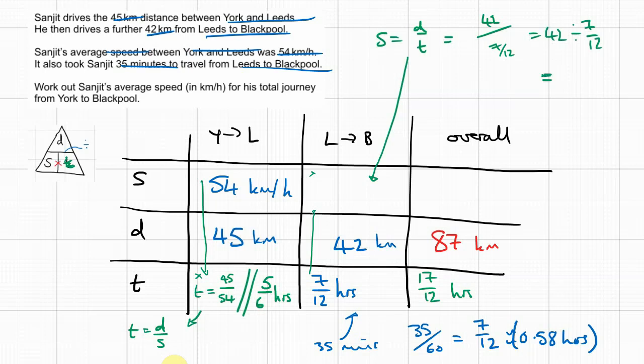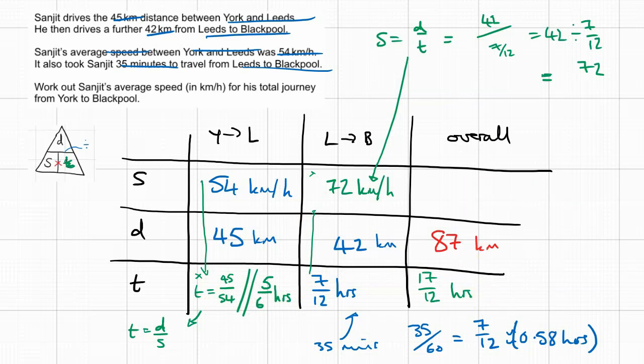You can even just type it in with a fraction on the bottom, like a double fraction. And that gets me a nice number of 72 kilometres per hour. Again, you can't just add these together or add and divide by 2 because these aren't an equal amount of time spent on them.